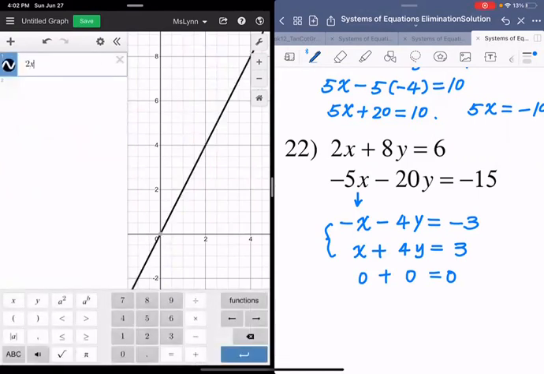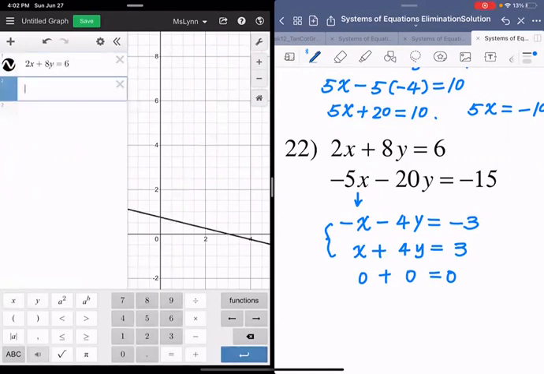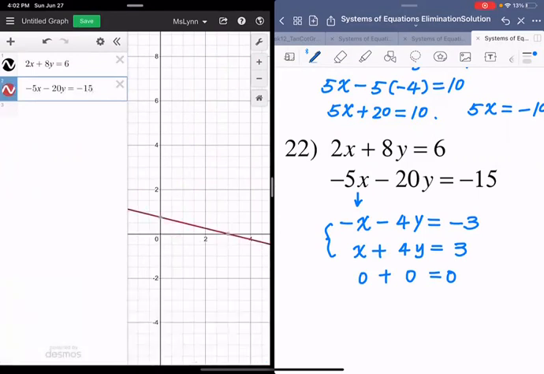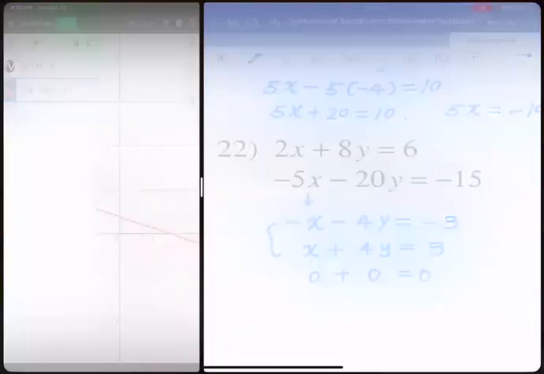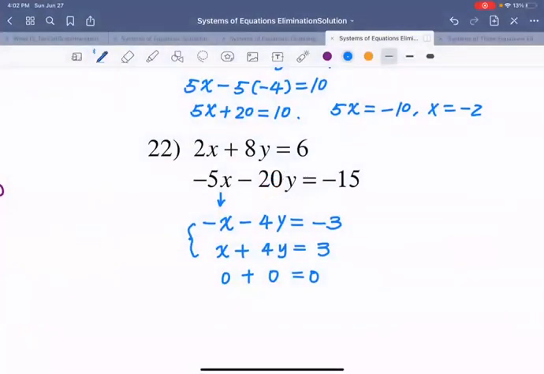The first equation is 2x plus 8y equals 6. The second one is negative 5x minus 20y equals negative 15. Wow, these two lines are exactly the same line. Did you notice that? So it's two duplicated lines. Why? Because look here. If you times the negative one here, this is plus, plus, plus.